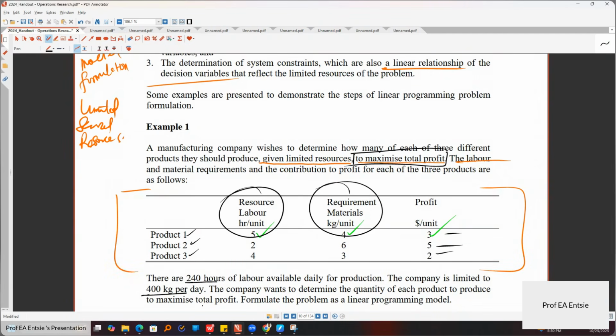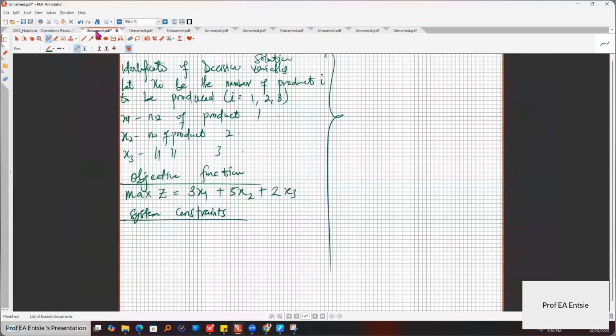We have the labor, that is the time frame for production of one product quantity. For product one, we need 5 hours per product one that we produce. So we multiply by the number of product one that we produced, which is x1.